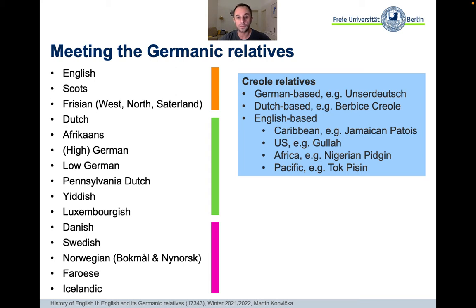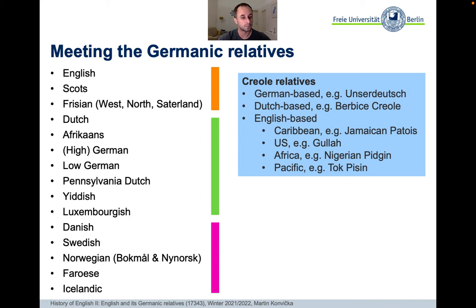And there were also a couple of German-based Creoles, or at least one is particularly relevant for the research of Creole languages, and that is the so-called Unserdeutsch, a German-based Creole that is still spoken by approximately 100 people in Papua New Guinea.